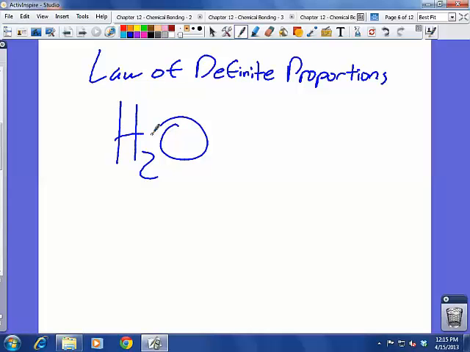So if I have 1 water molecule, it's going to have 2 hydrogen atoms and 1 oxygen atom. If I have a glass of water that has 10 billion hydrogen atoms, how many oxygen atoms is it going to have? 5 billion. That ratio of 2-to-1 is always going to be the same. If it's not the same, then we don't have water.